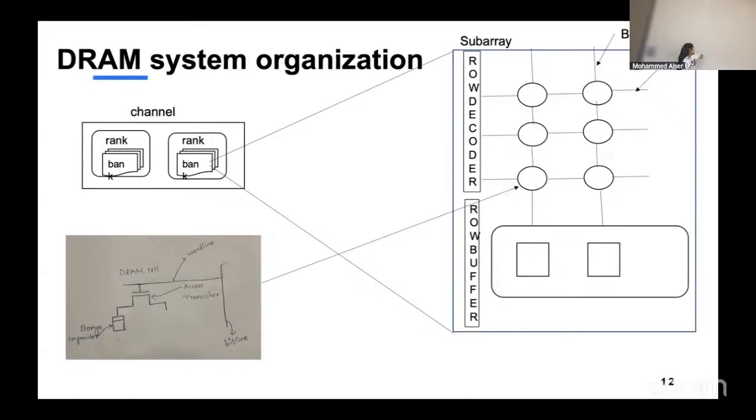The row decoder has the DRAM cells connected, and the row buffer is an array of sense amplifiers. So this is the word line, and this is the bit line.